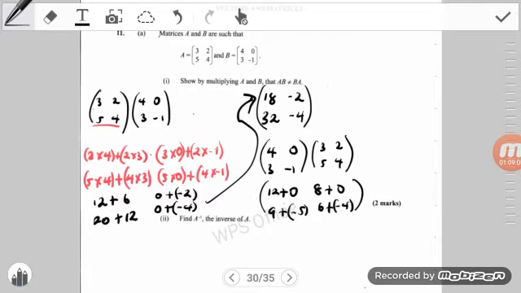So to wrap this up, we're going to have 12, 8, oops, not negative 4 but just 4. 9 minus 5 is 4 and 2.